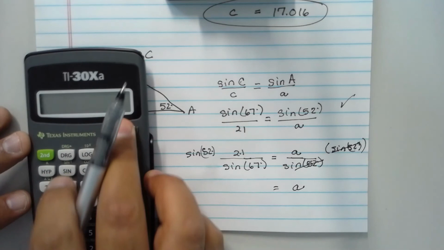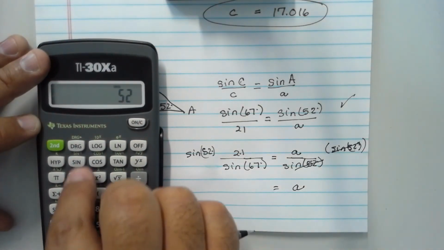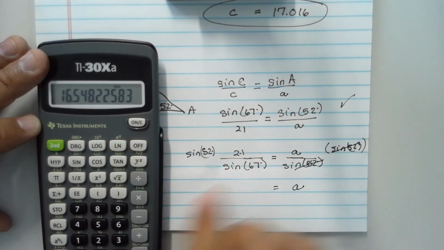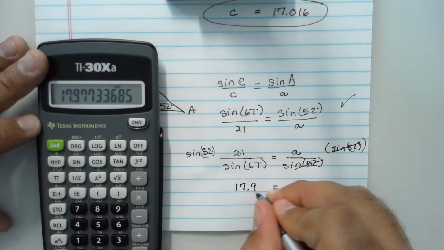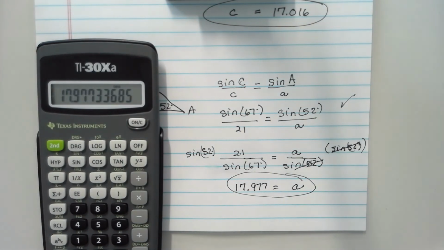So we'll do 52 sine times 21 divided by 67 sine, and a is approximately 17.977. That's the answer.